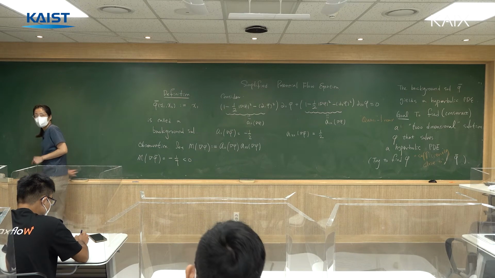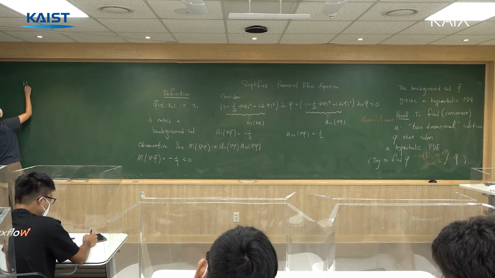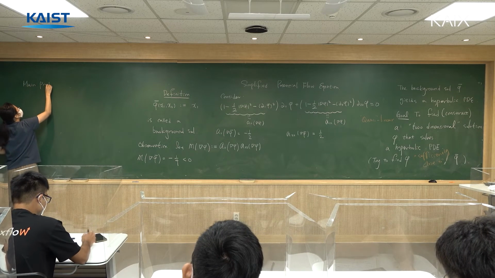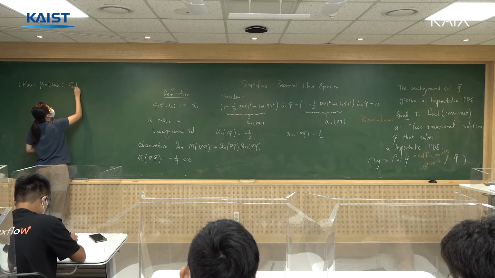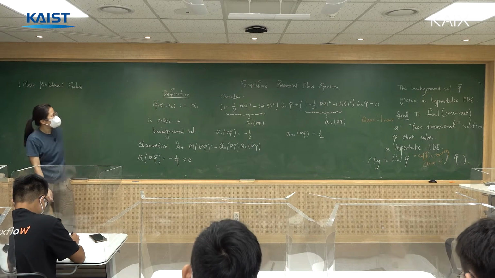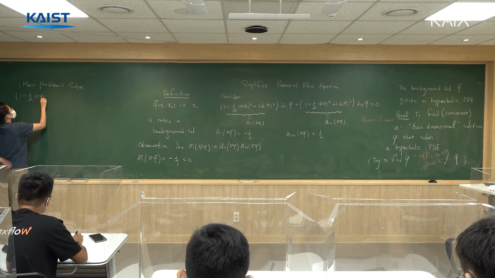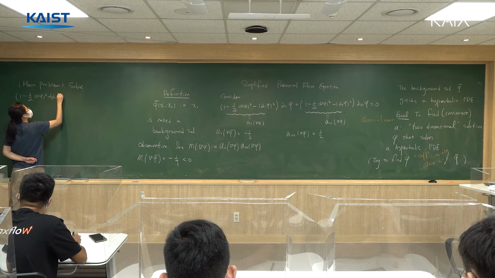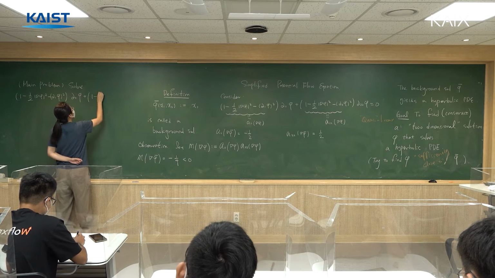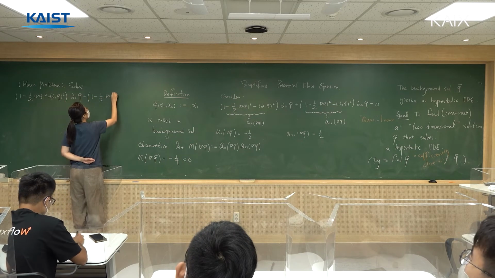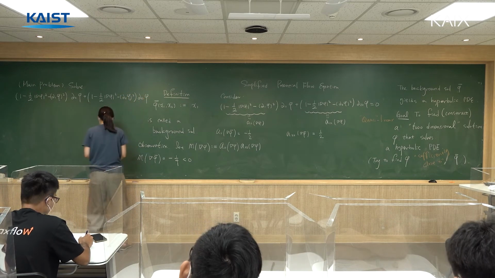And then we are going to discuss how to solve it. So the main problem is to find, or solve, the simplified potential flow equation, d2 of phi equal to 0.